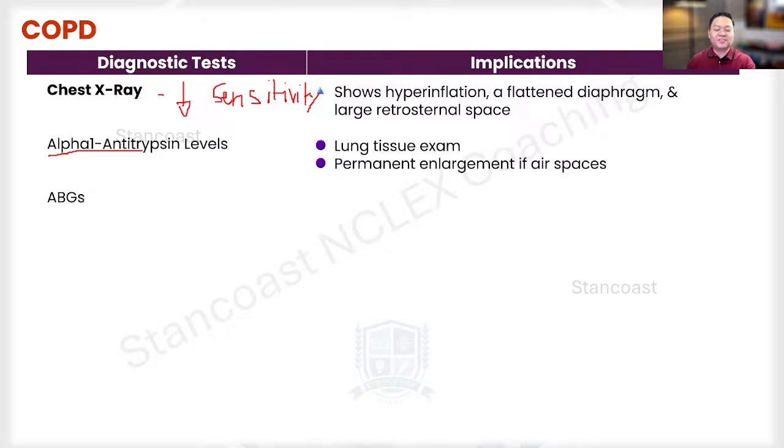Now, here we have the ABGs, the arterial blood gases. So don't forget about this one. This is going to be used when there is some exacerbation of the COPD, and this will reveal some chronic carbon dioxide retention and also low oxygen levels in the bloodstream.